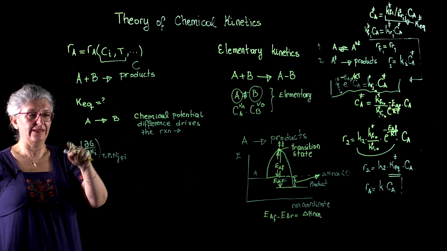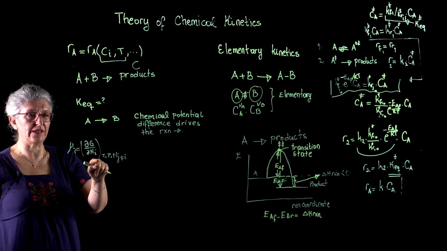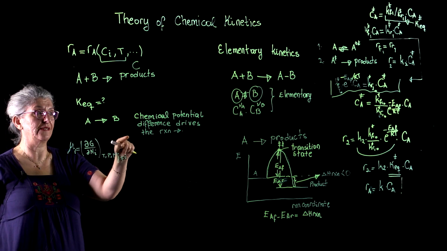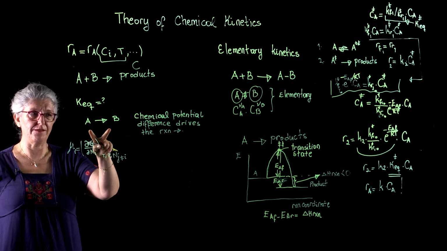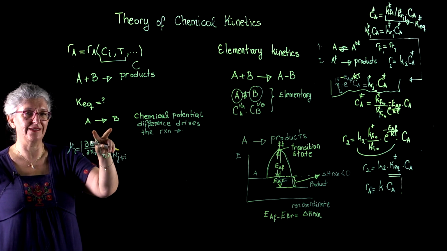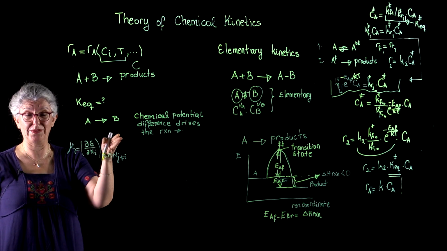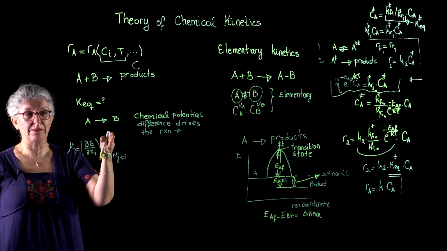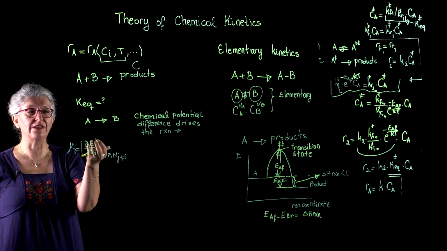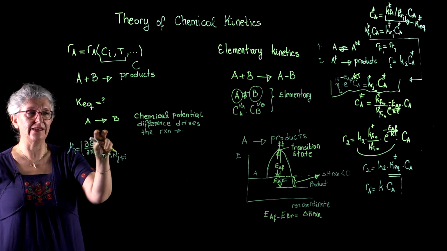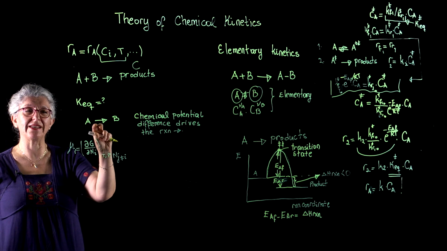Now that we have defined the chemical potential and the driving force for the chemical kinetics, we can understand that as the reaction moves forward, it slows, because the chemical potential difference between the reactant side and the product side becomes less and less.